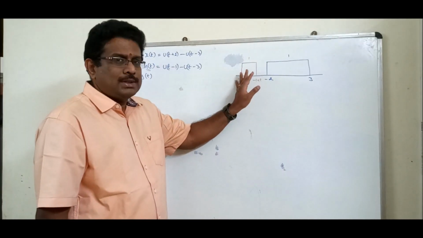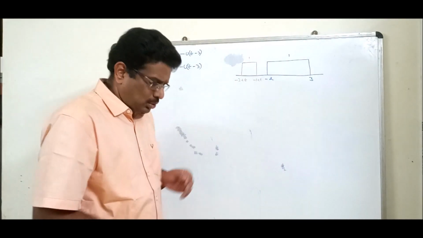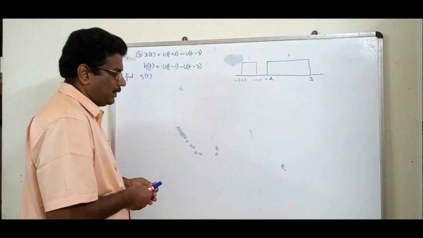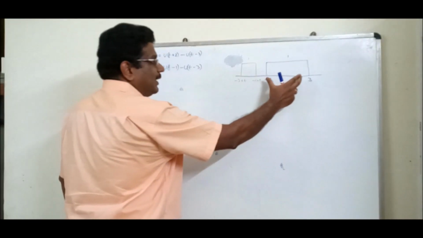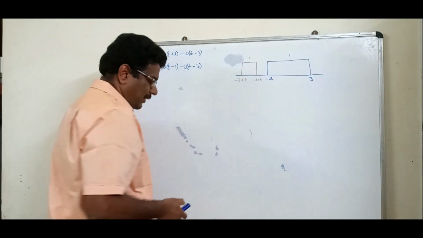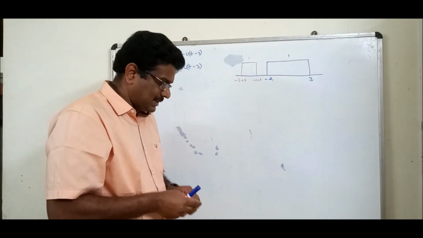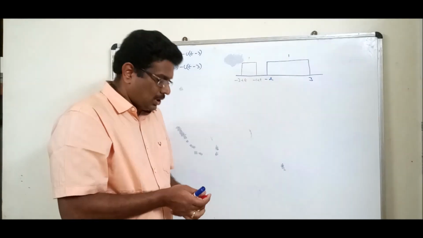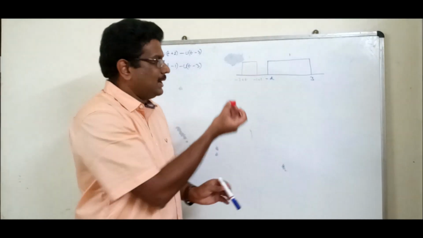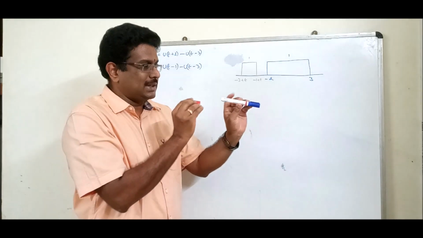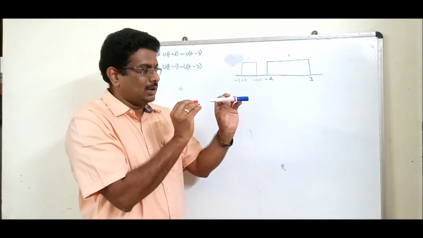Right now amplitude is 0 because there is no overlapping or there is no common point. Now you should know carefully. One is bigger width, other one is smaller width. Now let me give a visualization. The blue color is bigger one, the red color is smaller one. Right now the signal is here. This is fixed, this is moving.